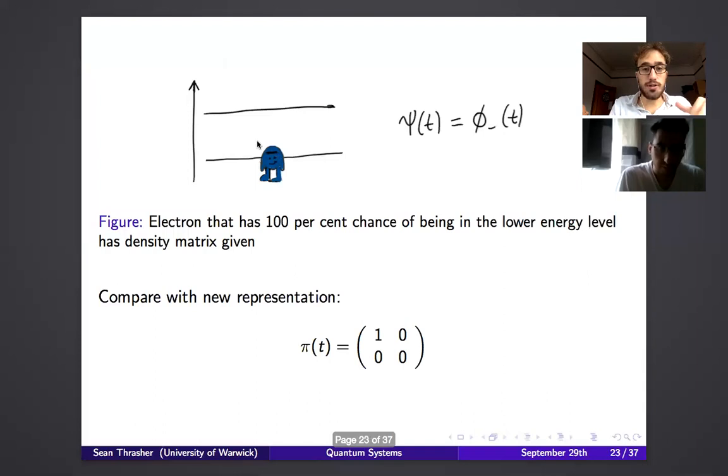If you're in the lower energy state, then pi of t, which is the density matrix representing the system, would be 1, 0, 0. By the way, this pi is just a Greek letter. It's nothing to do with the 3.14159 number.